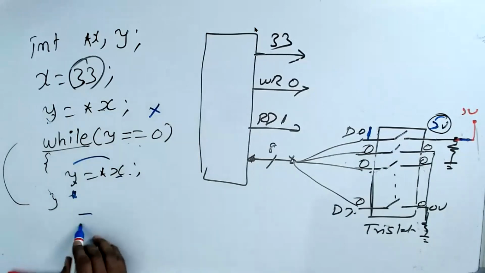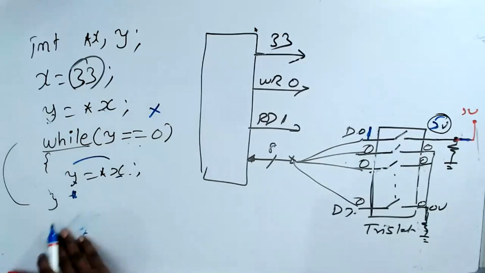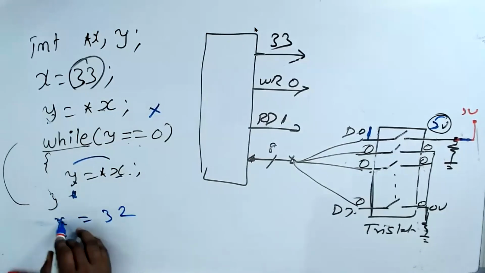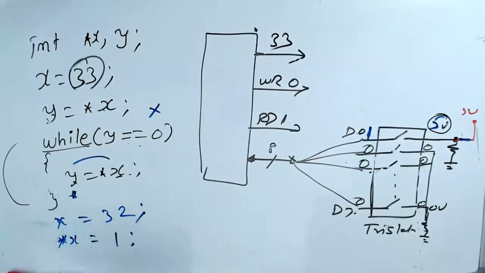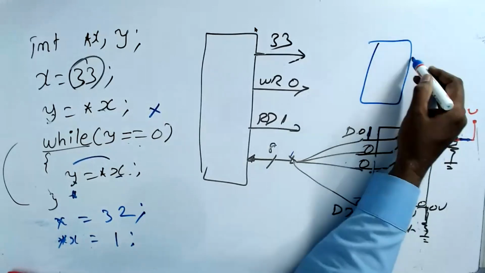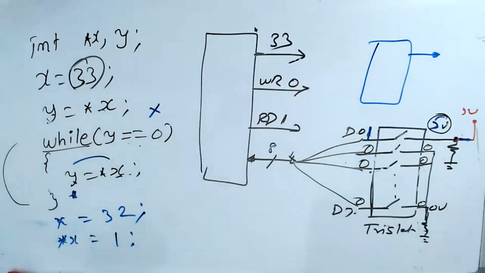Here you write any program. Here you can put x is equal to 32, *x is equal to 1. You will connect to the output port.